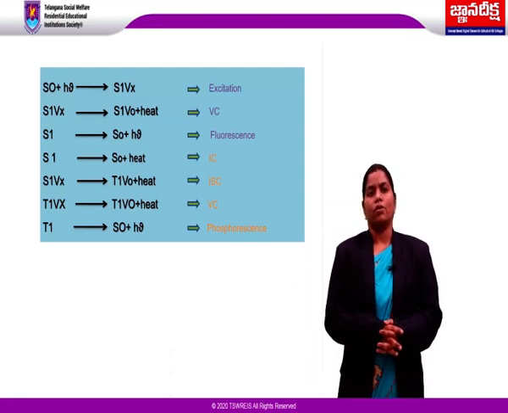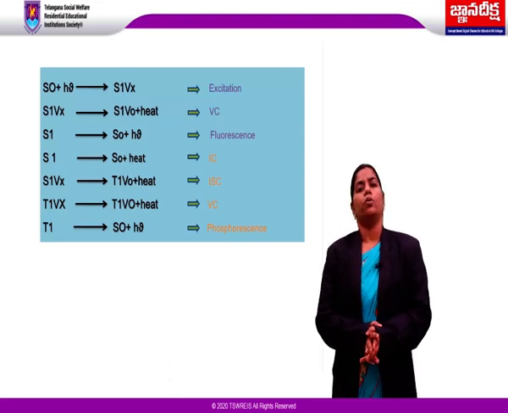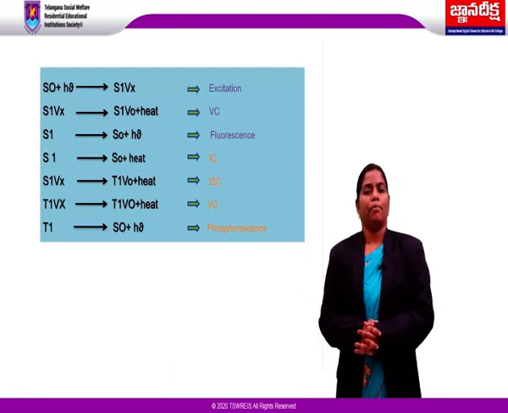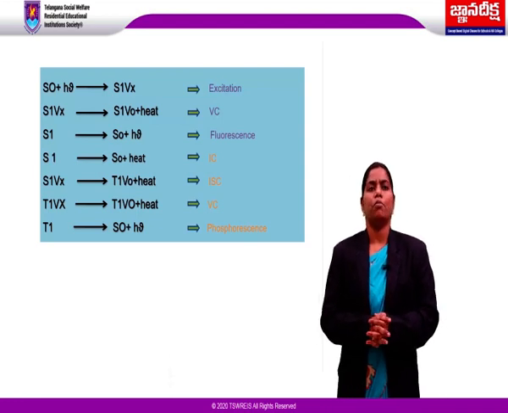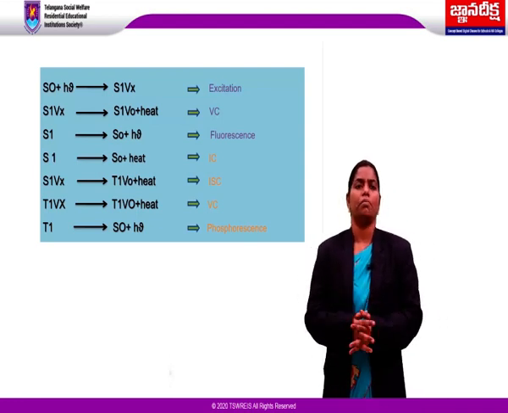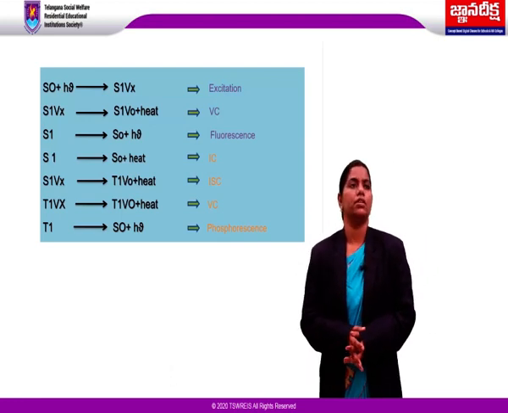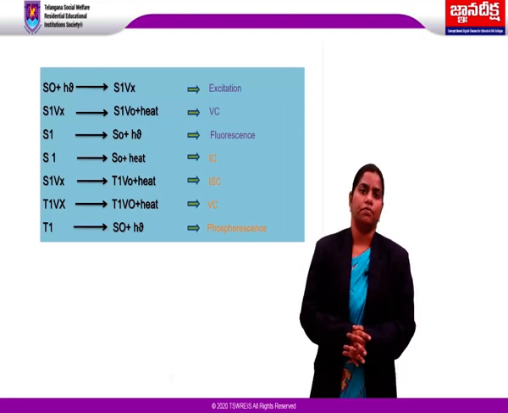If the molecule de-excites from the excited triplet state to the ground state with emission of energy in the form of light, such a process is called phosphorescence.